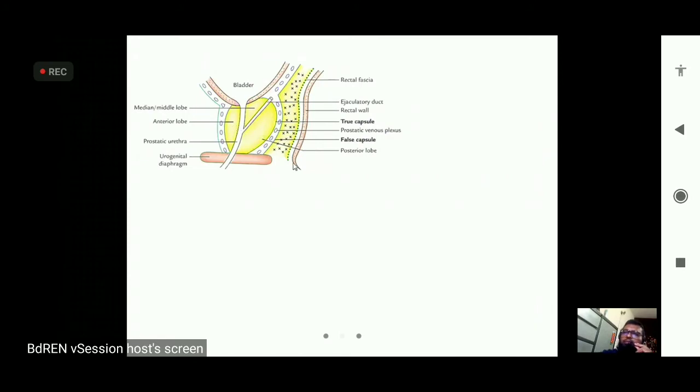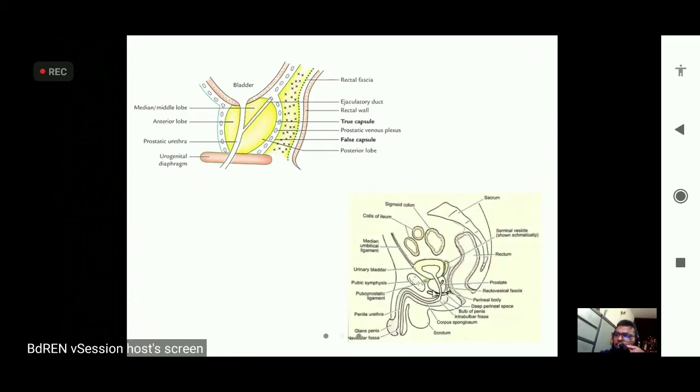From another view, this is the location. One thing we need to know is that the true capsule is a real capsule which surrounds the prostate gland, but the false capsule is not contained only to the prostate itself; rather it goes backwards around the bladder.